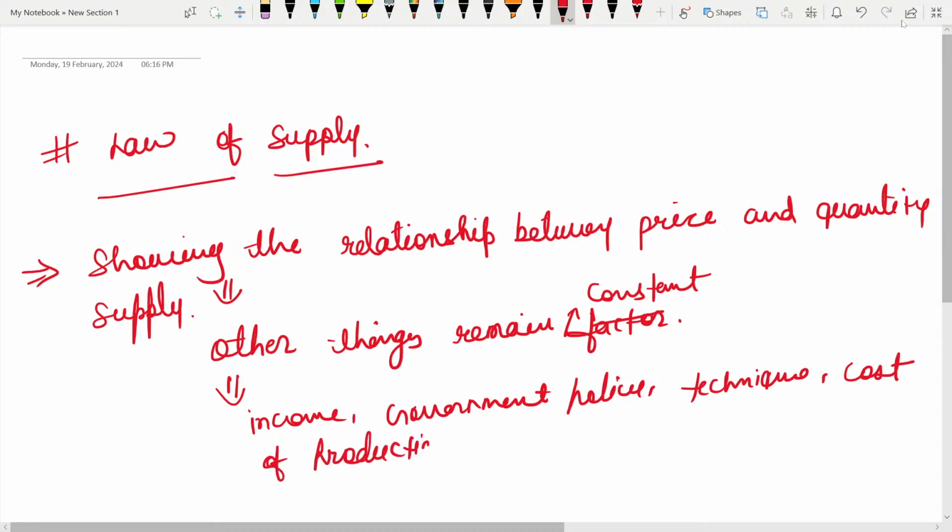These are the factors which also determine supply, as we have seen in the function of supply.